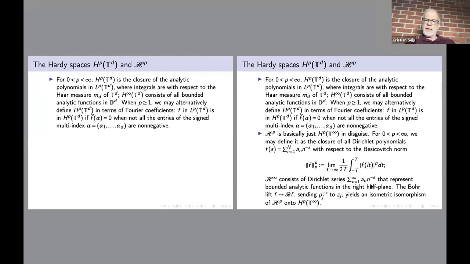But you have much more. You have actually an isometric isomorphism of curly H^p onto the Hardy space on the infinite dimensional torus.